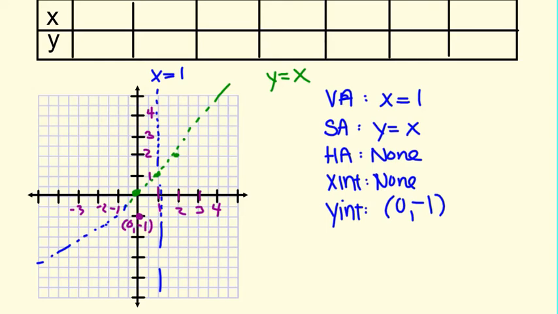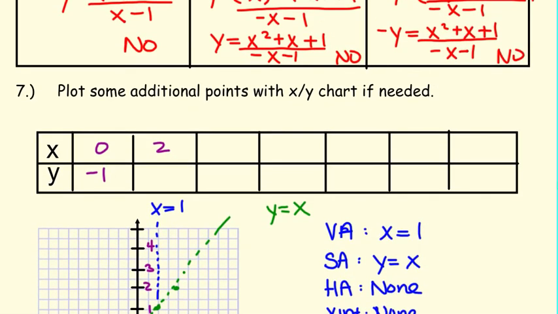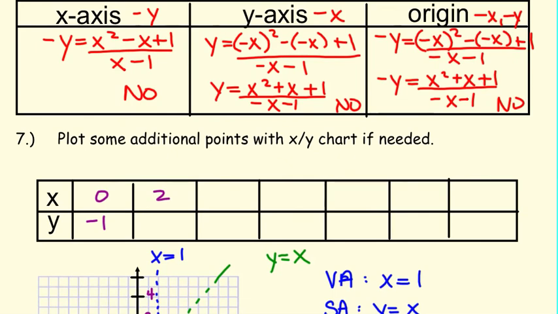And now we just find a few additional points. So we know this point of 0, negative 1, so something's going to happen down in this region. So now we just evaluate the function. I'd say maybe evaluate it for 2, see what happens when x equals 2.